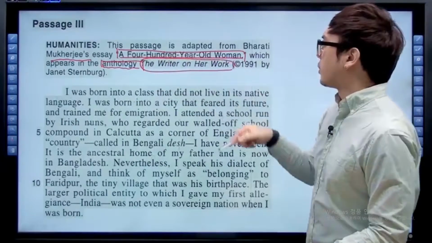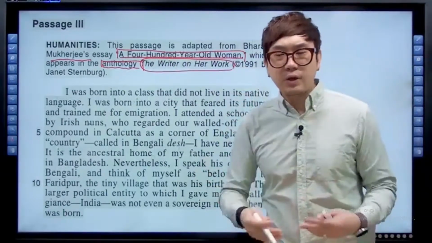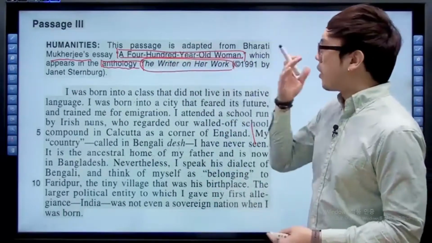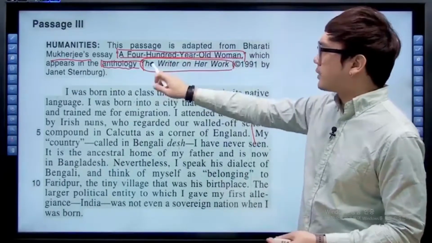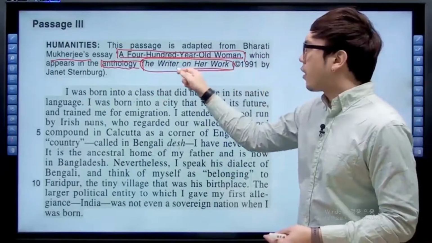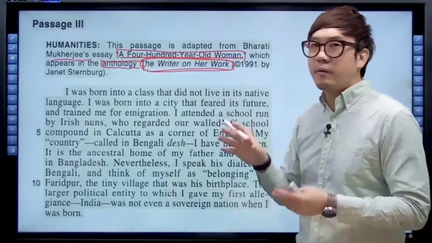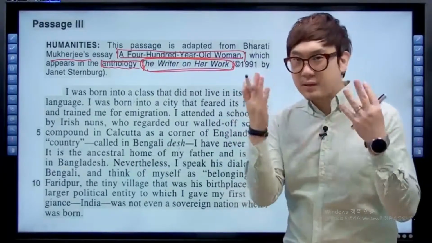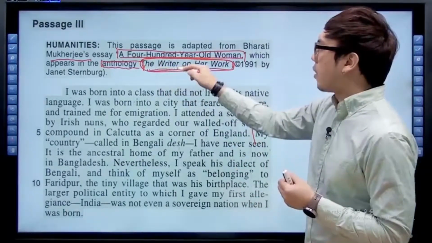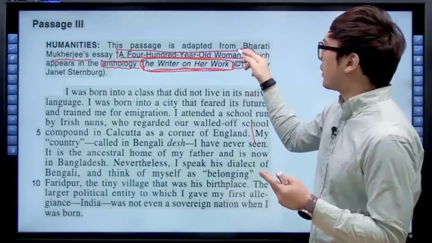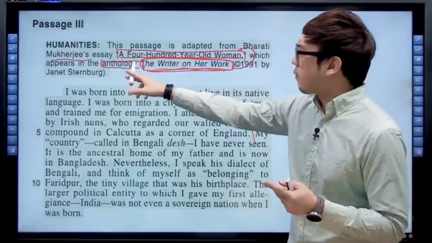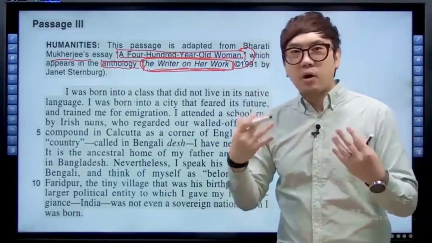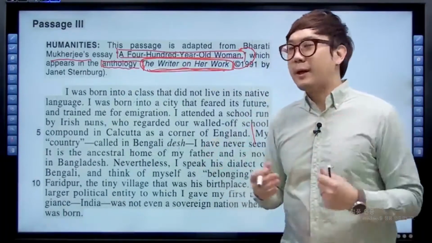So the writer talks about herself rather than anybody else, and I guess A 400-Year-Old Woman is about herself. That much we can get.